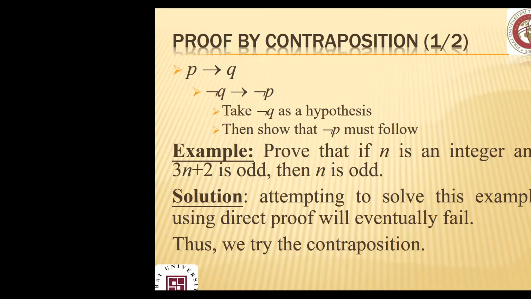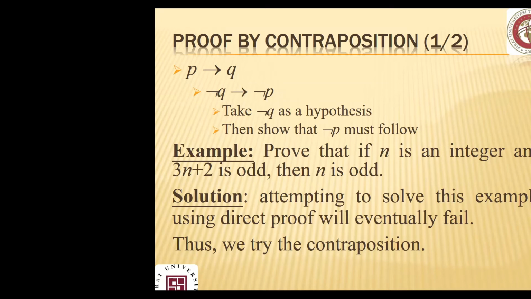Now we have another proof. We call it the contraposition. Contraposition, it rings a bell actually. Why? Do you remember contrapositive? We spoke about the implication or the conditional statement. When we say P implies Q, if we say not Q implies not P, they are equivalent. They represent the same outcome.